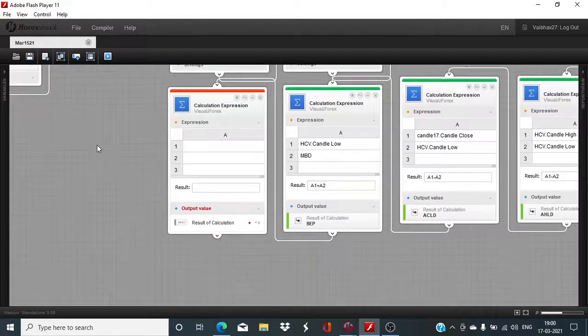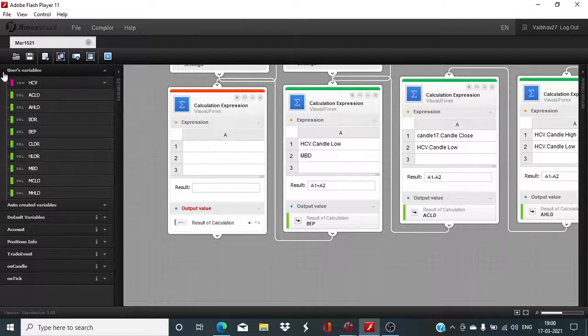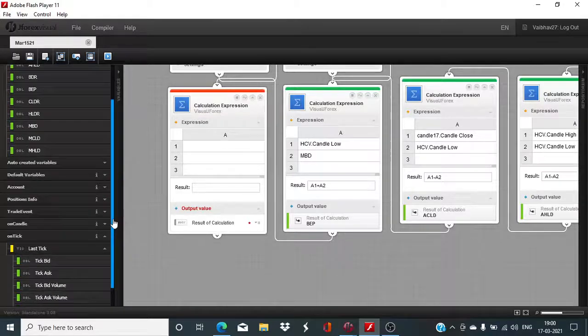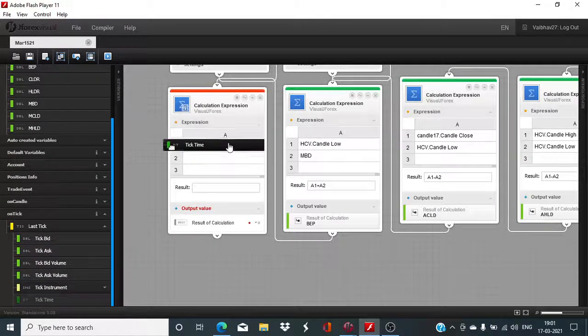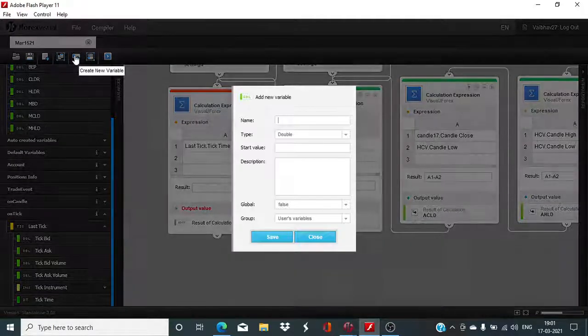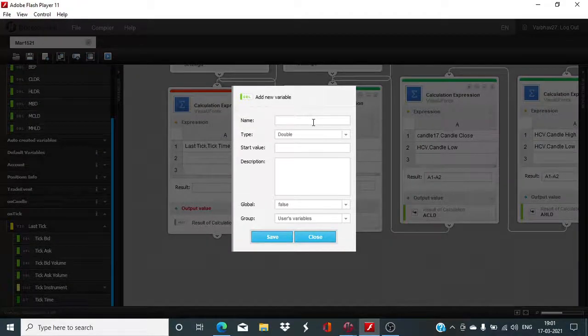And here we will have to take the on tick time and add 3.6 million, and for that I will have to create a new variable, and its value will be 3.6 million. Okay, I think I have got the zeros right.